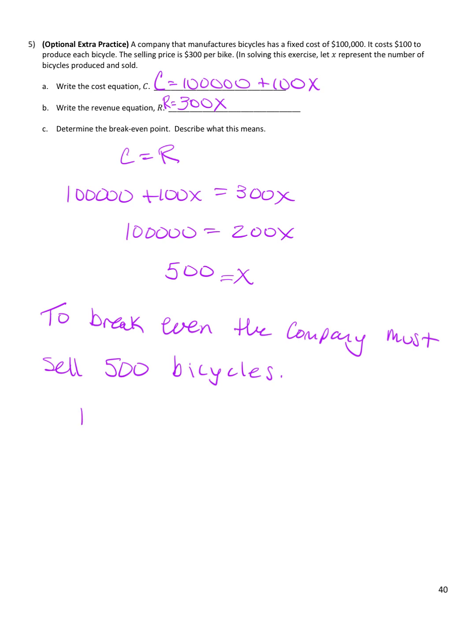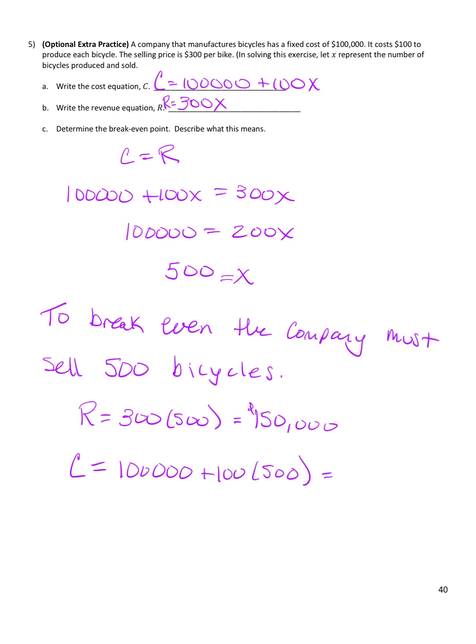The revenue would be 300 times 500, 300x. So 300 times 500 is 150,000. And we'll see cost should be the same if we did this right. So it's 100,000 plus 100 times 500, and that is 150,000.